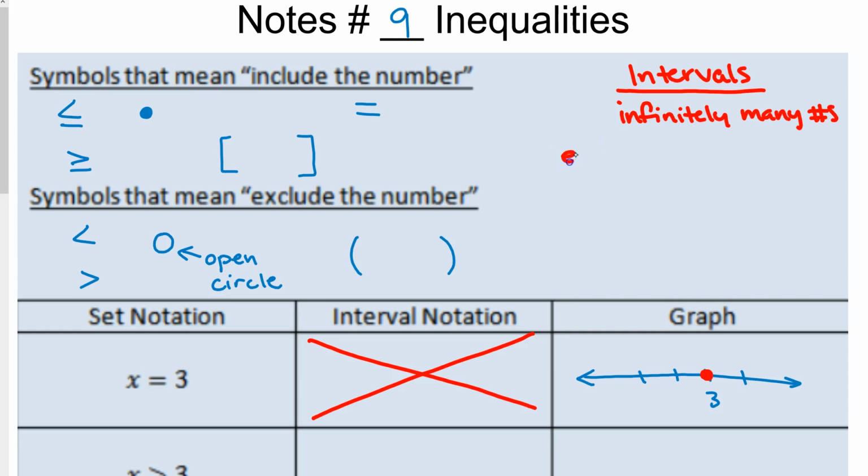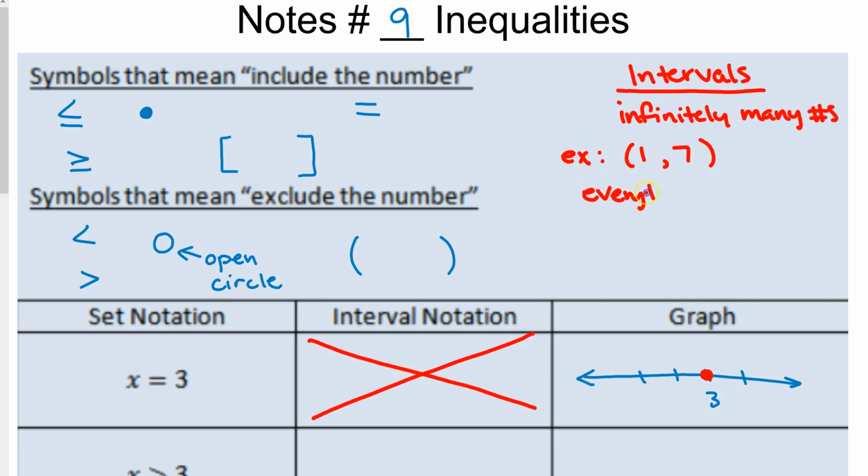So for example, if you had the interval from 1 to 7, right now that might look to you like an ordered pair with an x coordinate of 1 and a y coordinate of 7, but that's not what we're doing right now. We're using the same symbol to mean something else. If you had the interval from 1 to 7, that means all the infinitely many numbers between 1 and 7. So 1.1, 1.2, and so on, 6.9, 6.99, 6.999, but not 1 and not 7.